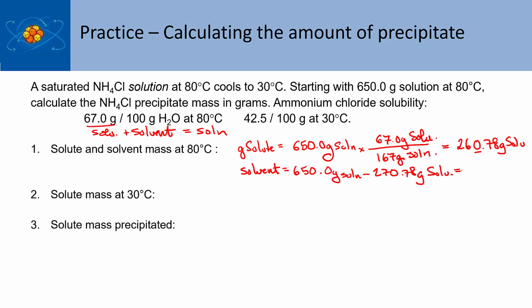That gives me a solvent mass of 389.2 grams. Because there are only sig figs to this point, I can only keep it to the ones place. So now I have both the solute mass and the solvent mass at 80 degrees.